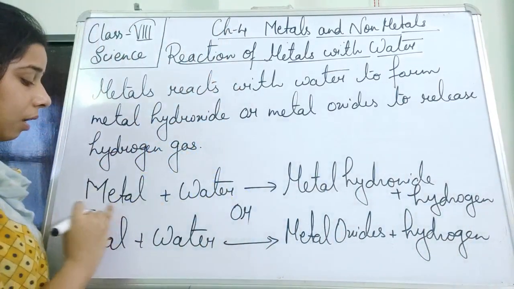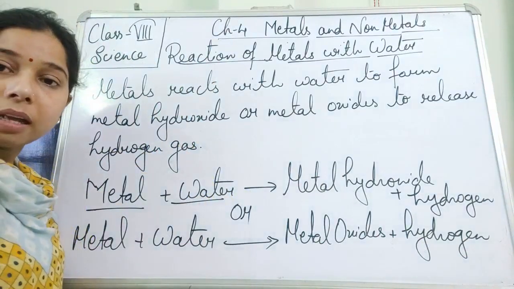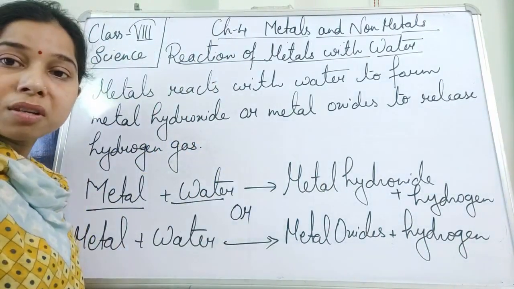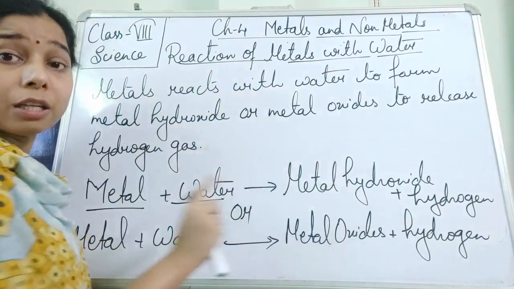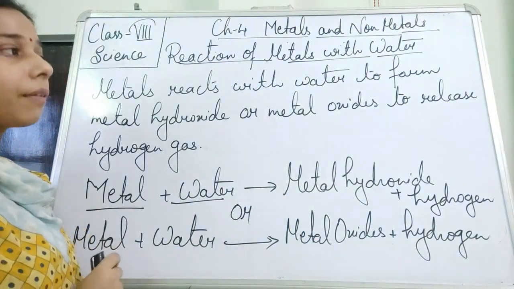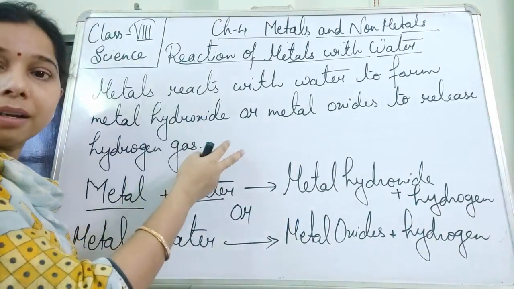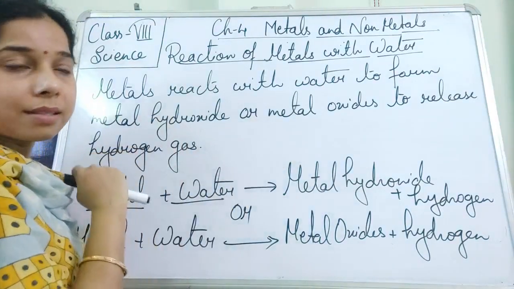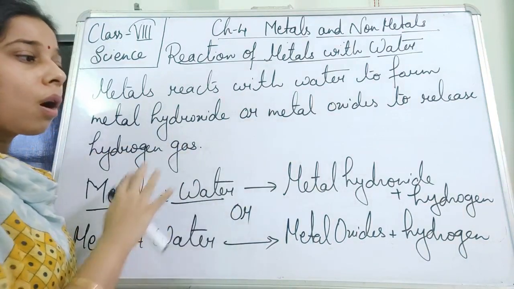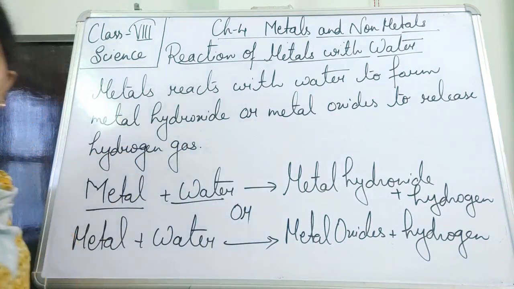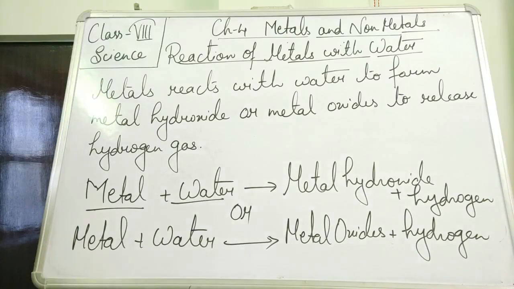It means we can say that metal reacts with water to form either metal hydroxide or metal oxide and release hydrogen gas. This is the common reaction for metals reacting with water.